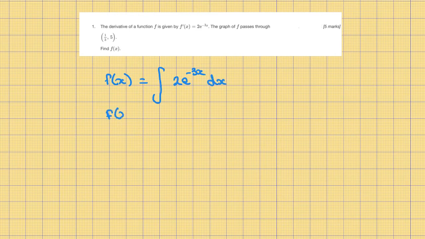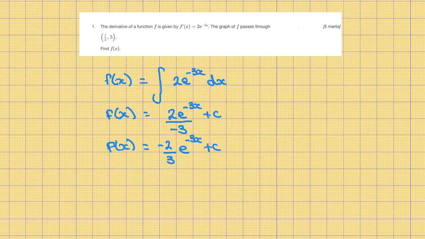So f of x, if you integrate that, you get 2e to the minus 3x divided by minus 3 plus c. So f of x is equal to minus 2 over 3 e to the minus 3x plus c.